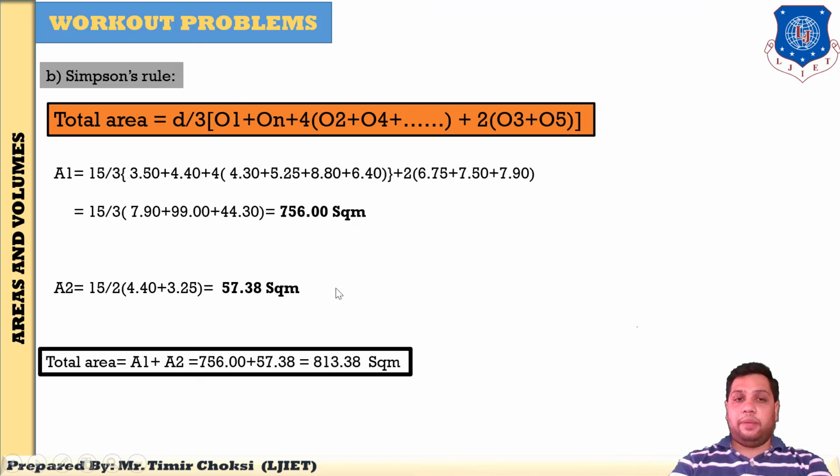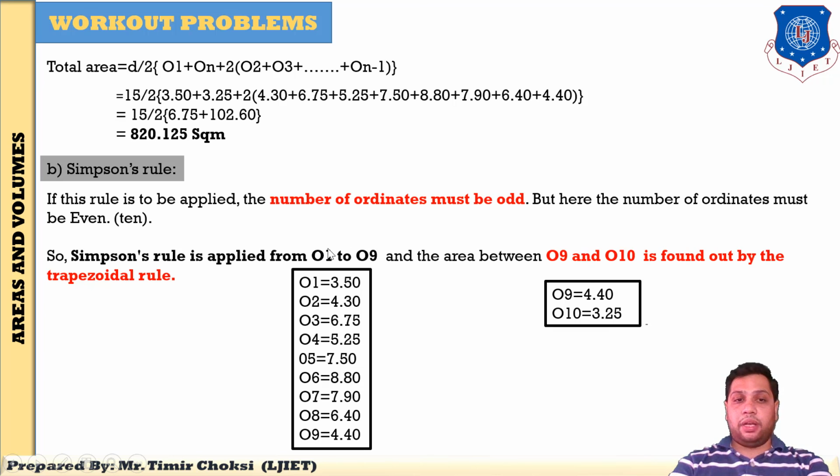So students, I repeat this point about this example. Here in this example, the ordinates are given in even form, but you know the Simpson rule limitation, that it can be used only when odd ordinates are there.